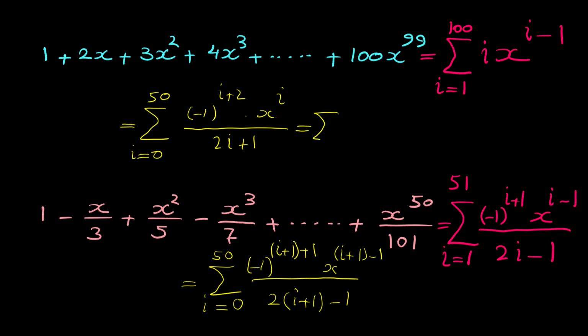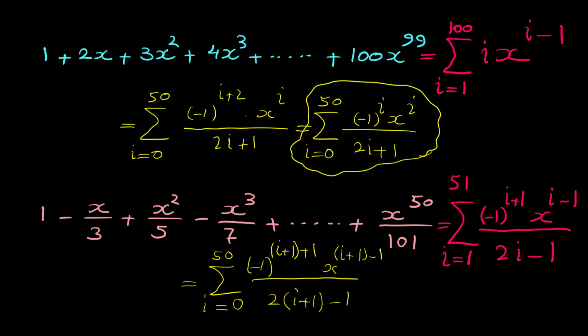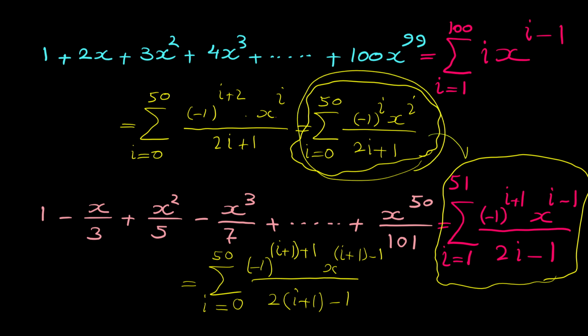So this equals sigma I from 0 to 50 negative 1 to the I x to the I over 2I plus 1. So at least for me this seems a little better than this answer. I prefer this answer to this answer, although both of them are completely right.